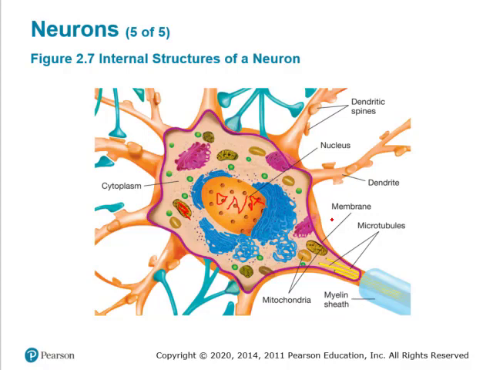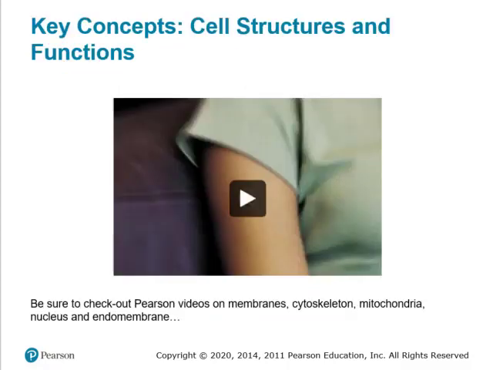The cytoskeleton, which is basically the internal structure made up of microtubules that keeps the cell body from collapsing, gives it its shape, and the cytoplasm, which contains the mitochondria that make ATP, and again the nucleus, which contains the DNA that makes up the genes and any enzymes that are needed to fulfill cellular functions.